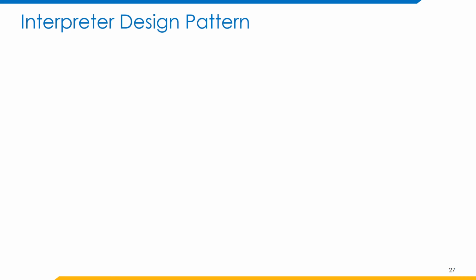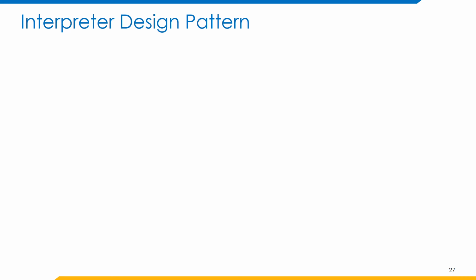In this design pattern, we will not get the complete solution of building a particular language. We can define only some rules and apply some grammar, and with the help of that we can create a part of a language.